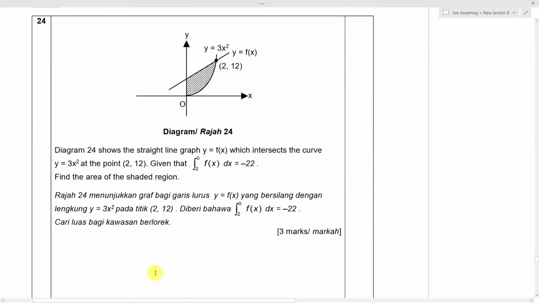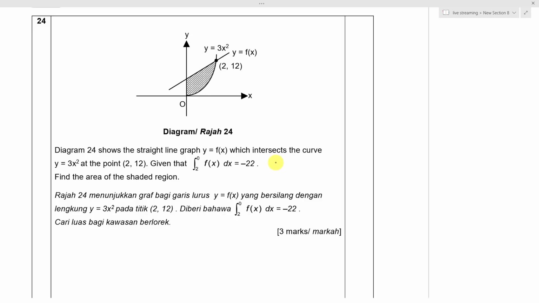The diagram actually shows the straight line y equals f(x), which intersects the curve 3x squared at that point, and then they give me this information. First thing you will realize, area can never be negative.